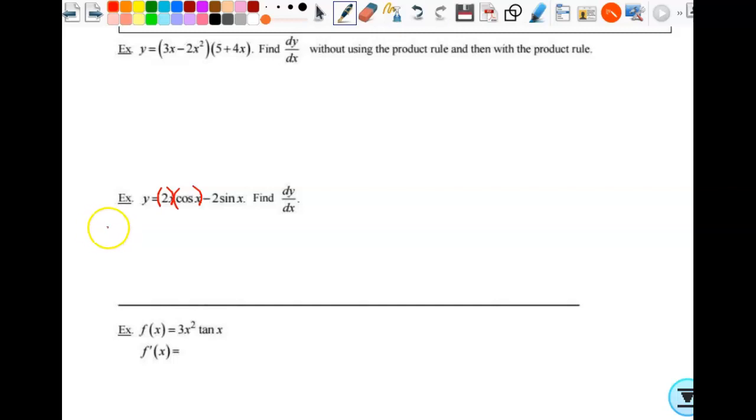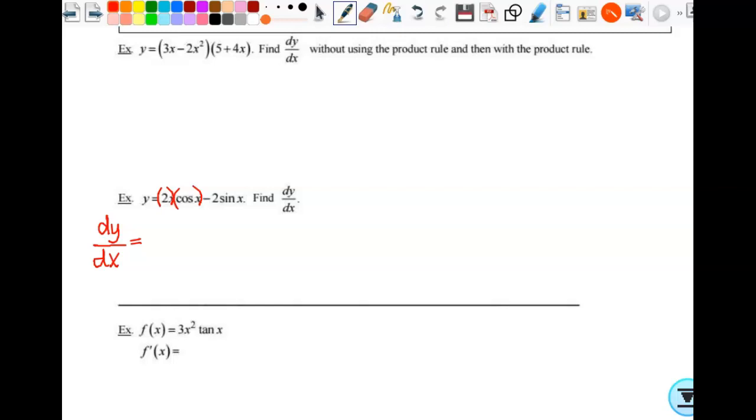All right, so we're taking a derivative. So derivative of y with respect to x, dy dx. All right, what's product rule? Derivative of the first times the second plus the first times derivative of the second. Think about that. I say it differently in my class, that's why. Okay, so derivative of the first.